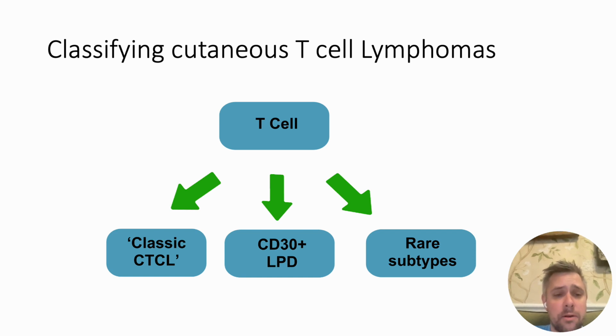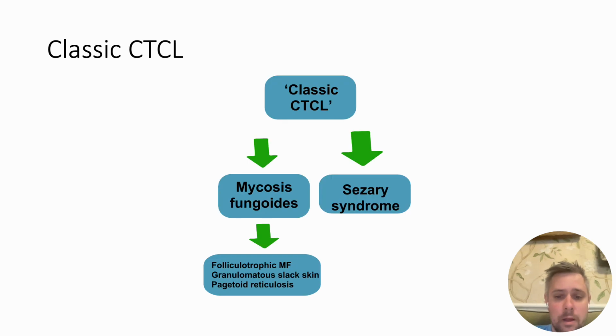So we can then further divide T cell lymphomas into the category of classic cutaneous T cell lymphoma, then the CD30 positive lymphoproliferative diseases, and then there are a whole range of rare subtypes of T cell lymphoma. If we look at the classic cutaneous T cell lymphoma bucket, the main one, of course, is mycosis fungoides.